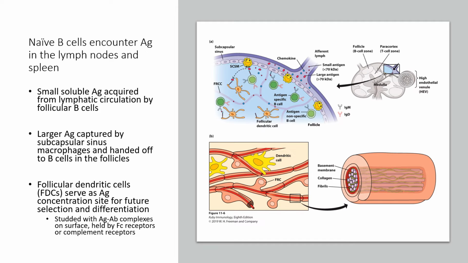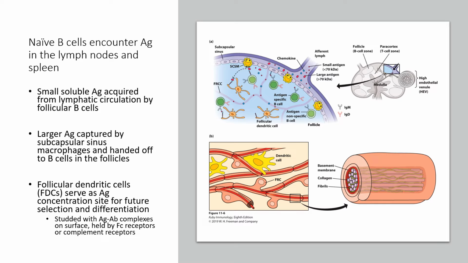Pinocytosis is a pretty crummy way to acquire antigen, because they'll get a lot of different types of antigens, and most of them won't be specific for that particular B cell's receptor. They can also steal antigen from macrophages that are present in the lymph nodes or spleen, or follicular dendritic cells.